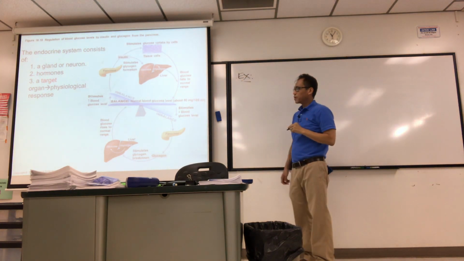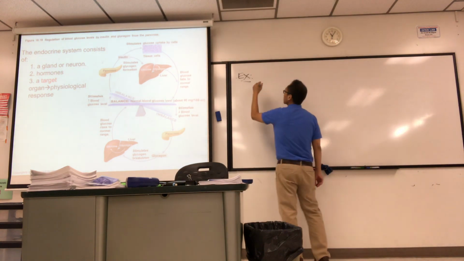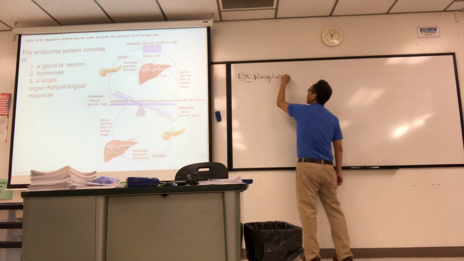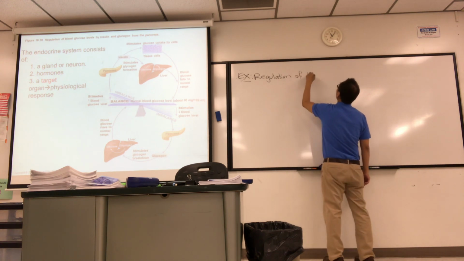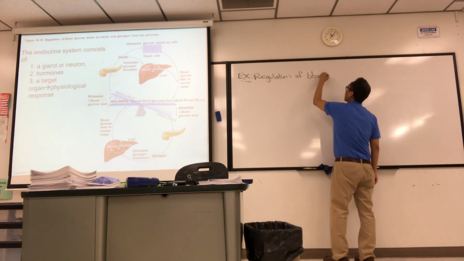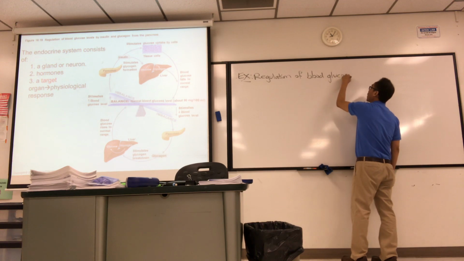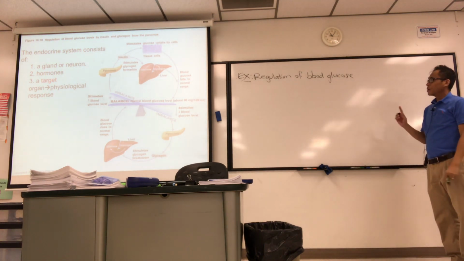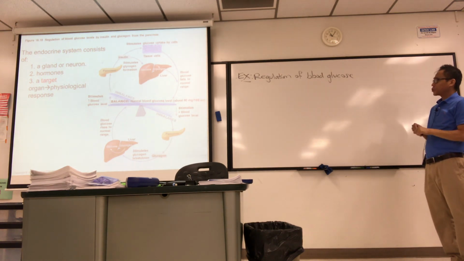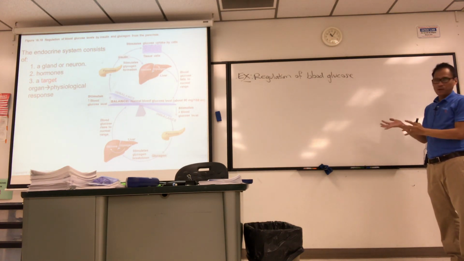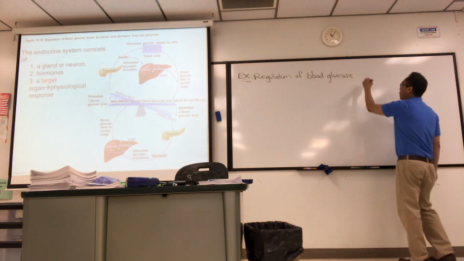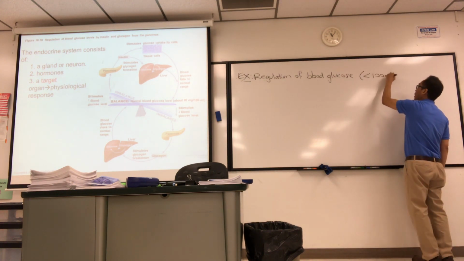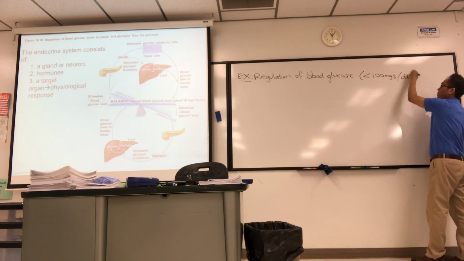Example, the regulation of blood glucose. Now, the circulating form of sugar is glucose. Normally it should be less than 100 mg per deciliter of blood.